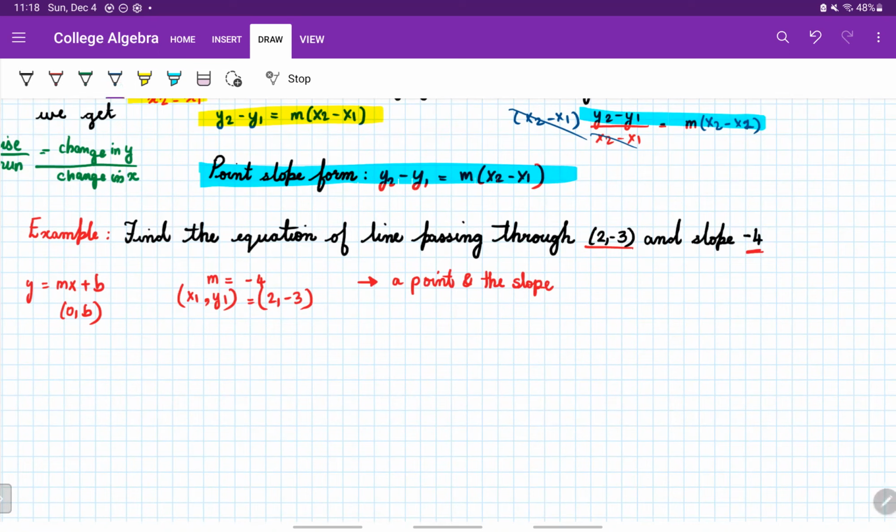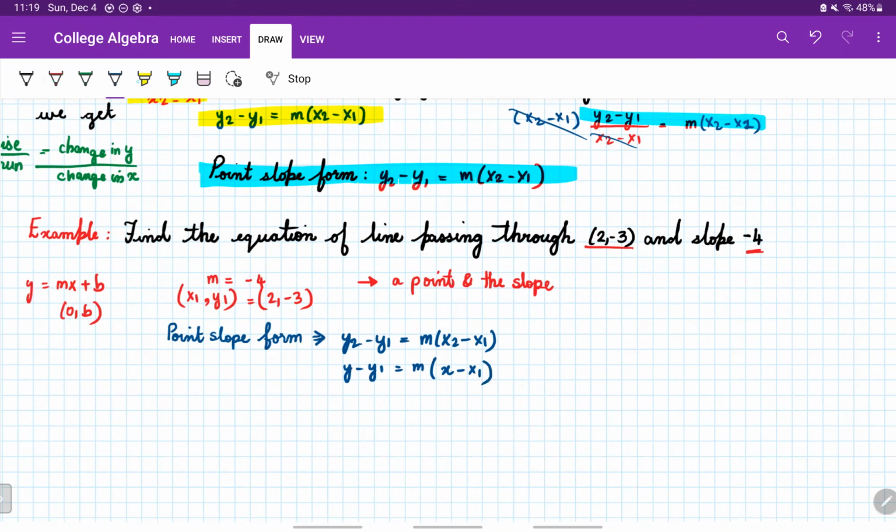All right, so our point-slope form is y2 minus y1 equals m times x2 minus x1. So instead of y2 and x2, I'll just plug in y and x, because now we are looking for an equation and not a value. And I'll write the rest of it the way it was.